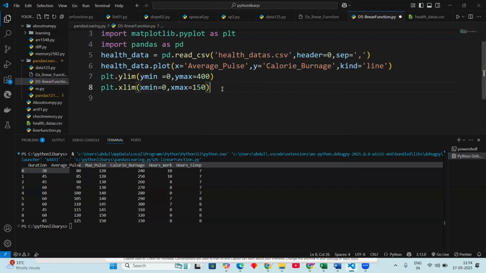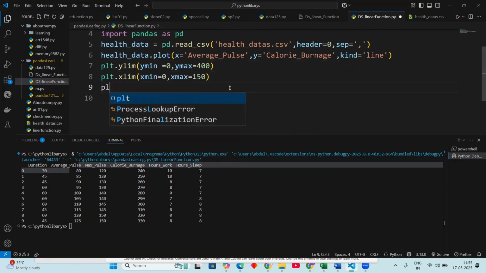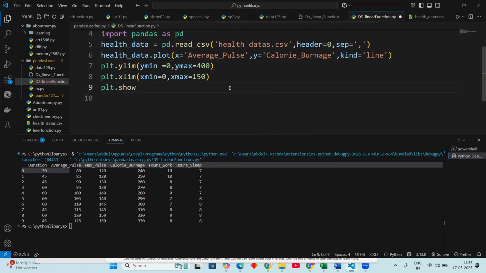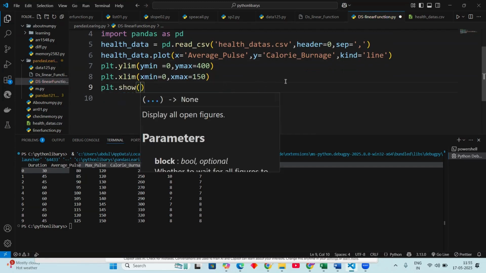You all know that whenever my graph starts, it starts with 0, not in between at a value like 10 or 25. At the starting point I'm giving 0 as min, and at the end point I have given max as 150, right? And we want to show the graph. We have a function called plt.show. It will visualize the graph.